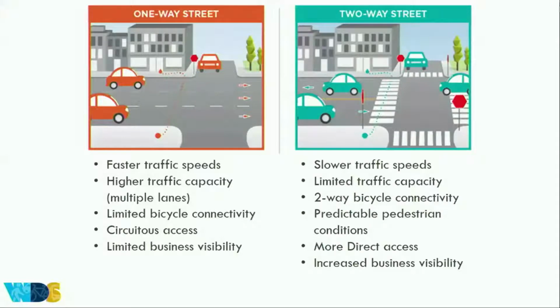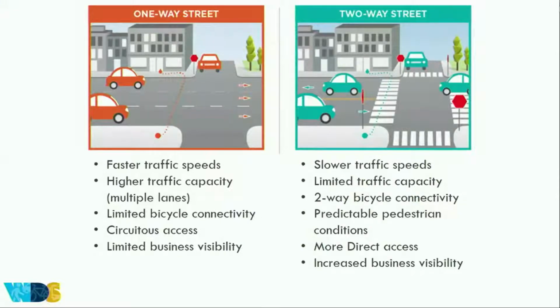So for both bicycling and for driving, it can create kind of circuitous routes as you're trying to get to your destination. If you miss the driveway, you have to go all the way around the block. But again, the advantage there is that you can move a high volume of traffic and you can move it relatively quickly. The other thing too is that for pedestrians, they only have to look one direction to look for traffic.